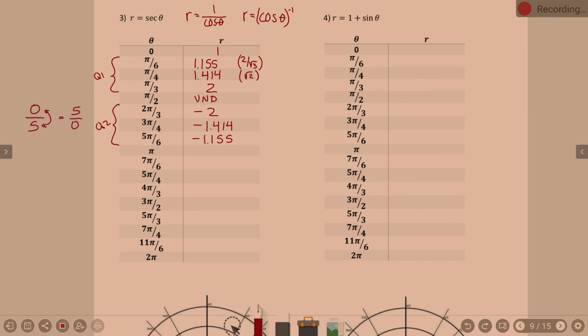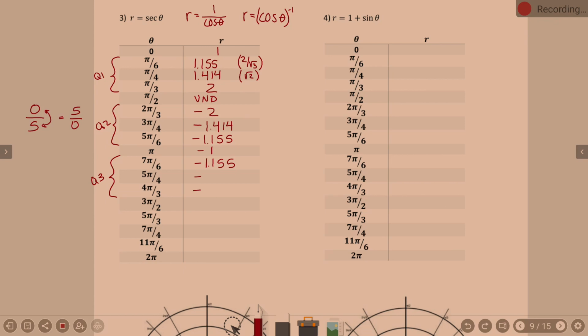Okay. What's the secant of pi going to be? Cosine of pi is -1, so secant of pi is the reciprocal, which is -1. Okay. These next 3 are quadrant 3 angles. What do we know about secant in quadrant 3? They're going to be negative. So secant of 7 pi over 6, -1.155.